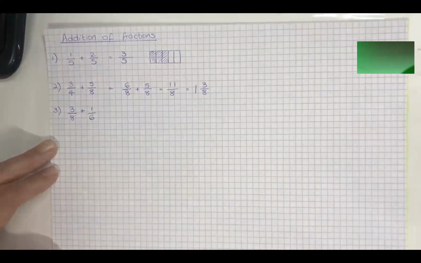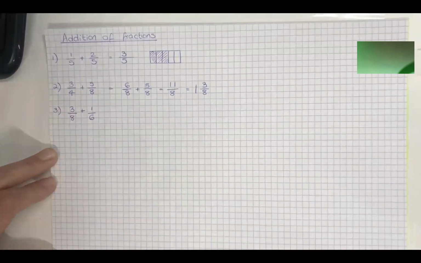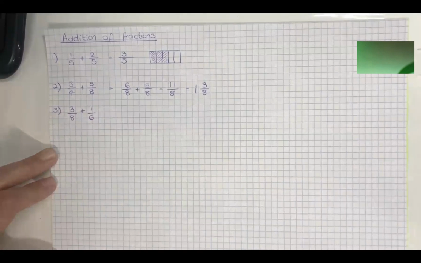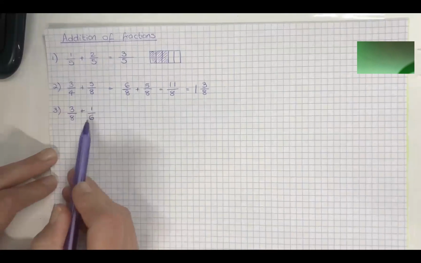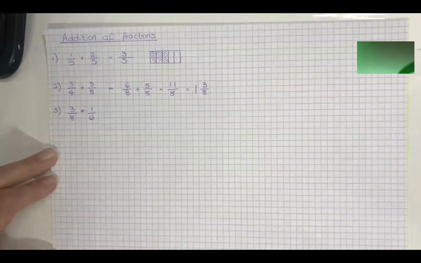Now this time 6 is not a factor of 8, so I need to find a common denominator. One way of finding a common denominator is to multiply my two denominators together, which would give me 48. However, if possible, I want to find the lowest common denominator.